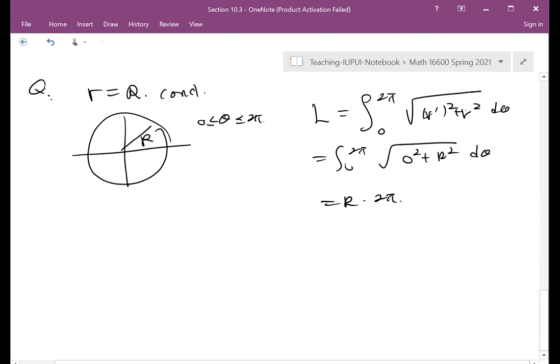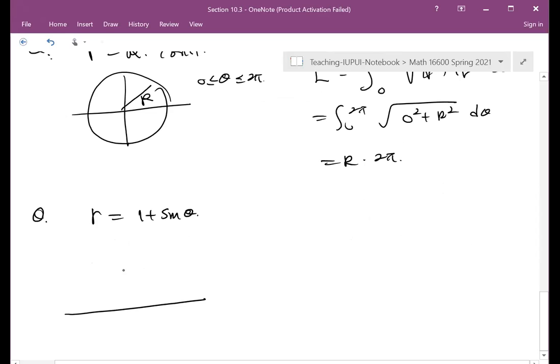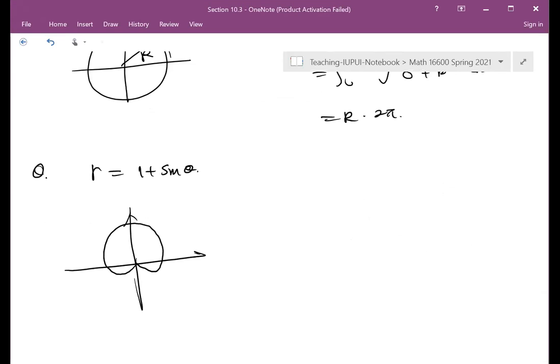Now I'm going to look at another example. We remember our favorite example is r equals 1 plus sine theta. This is a picture. It should look like a heart.